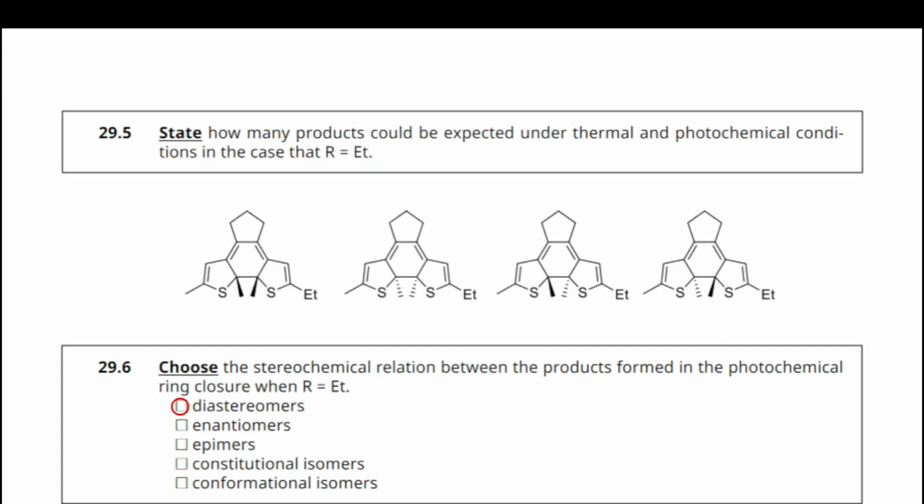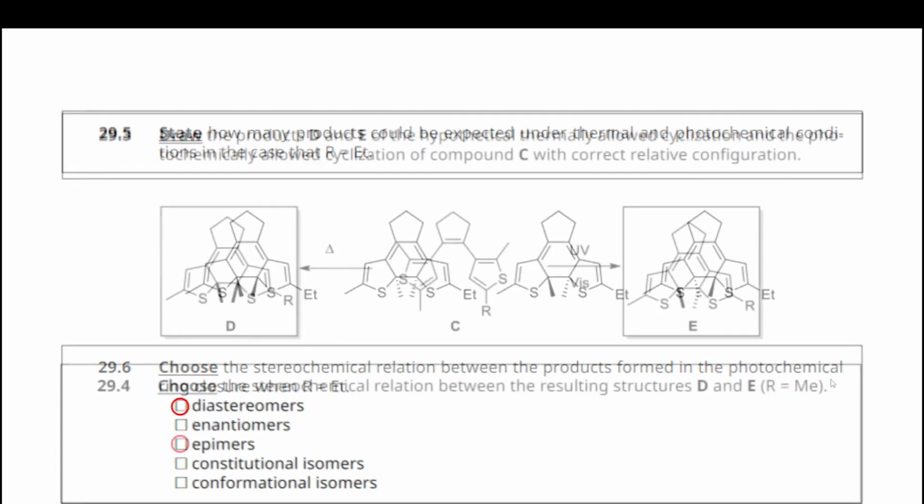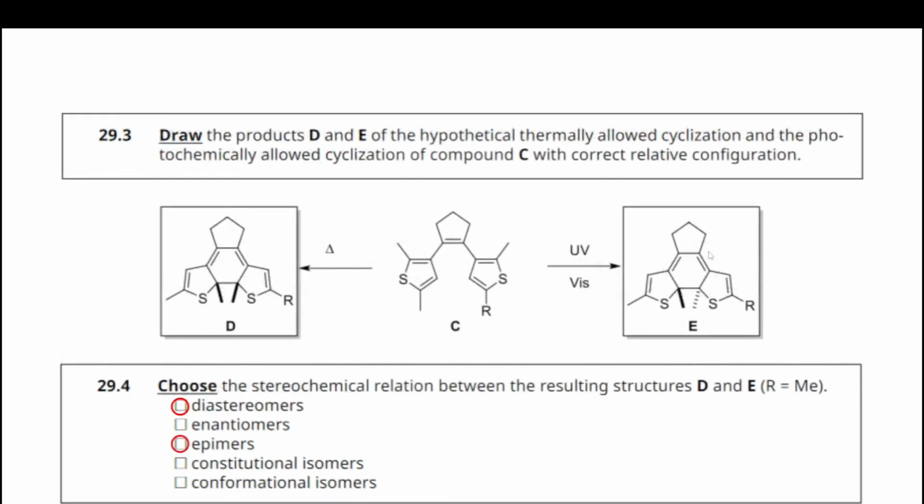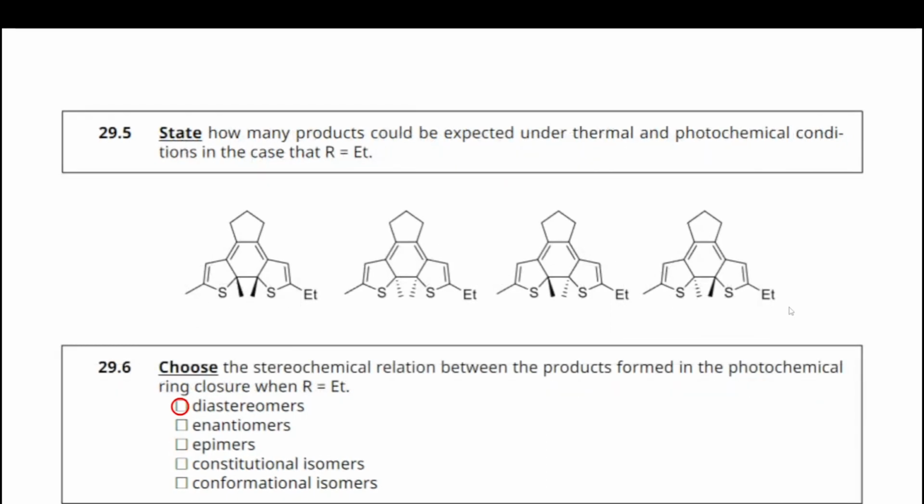The next question: choose the stereochemical relation between the products formed in the photochemical ring closure when R is equal to ethyl group. And yeah, I think maybe I'm mistaken. So we have photochemical, right? And we will have something like this. And if we rotate in the other direction, we should get this product. And those should be enantiomers.